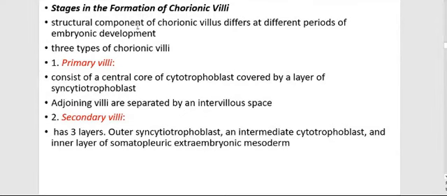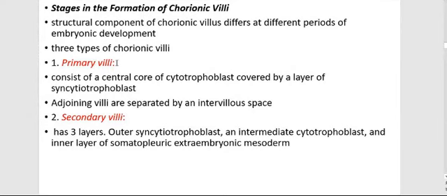So the structural components of the chorionic villus differ at different periods of embryonic development. We have three types of chorionic villi which appear at different periods of development. Remember, in the second week we talked about the primary chorionic villi.